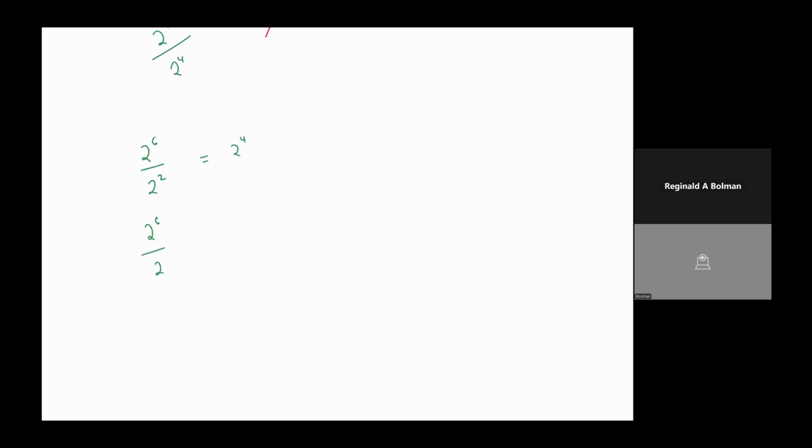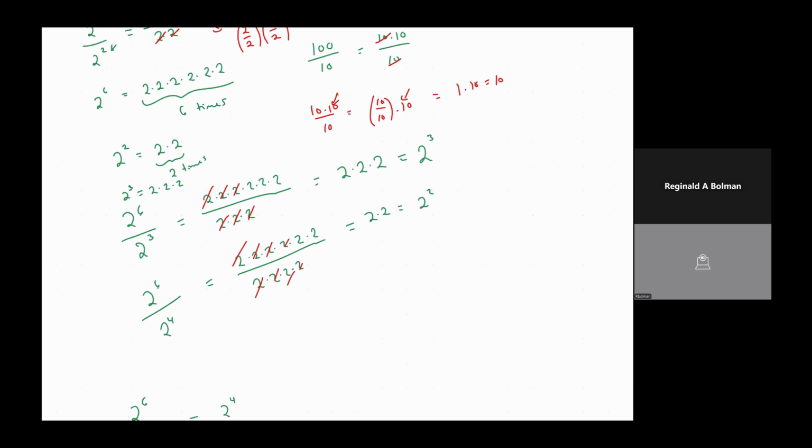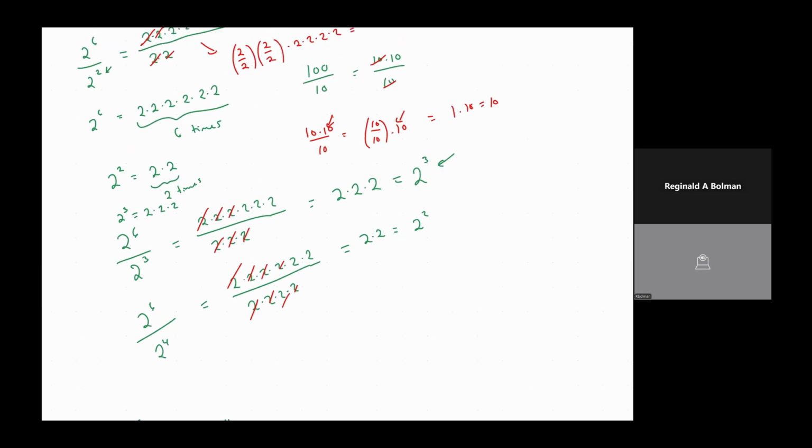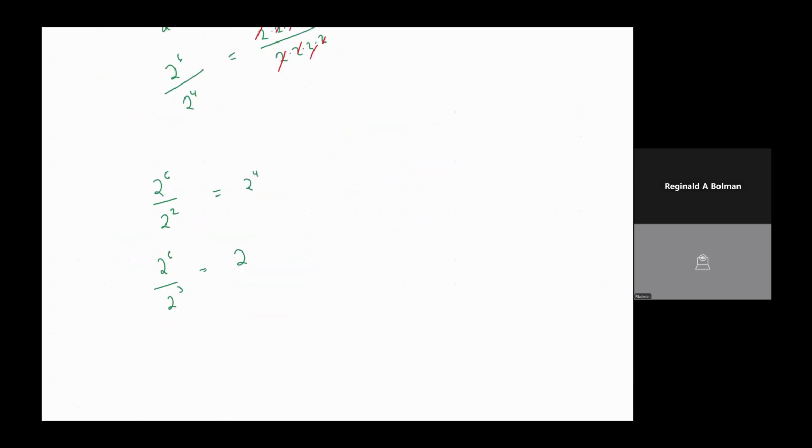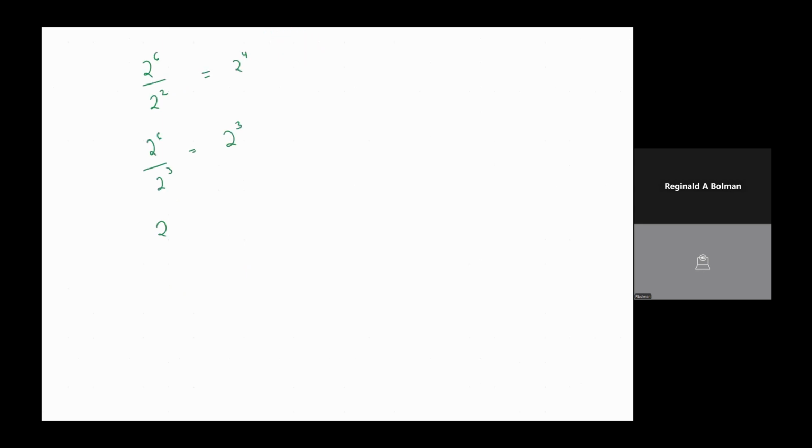We went from 2 squared to 2 cubed, and that resulted in the answer 2 to the third. And then the last time we took 2 to the sixth and divided by 2 to the fourth, and that gave us 2 to the second power.